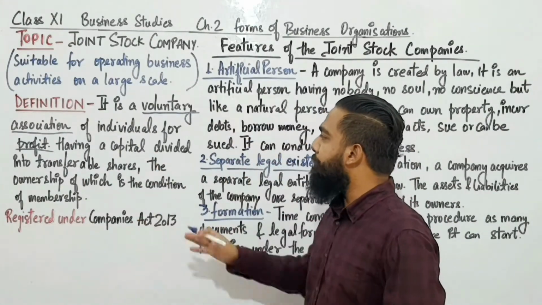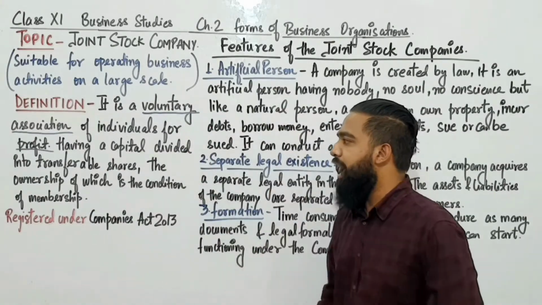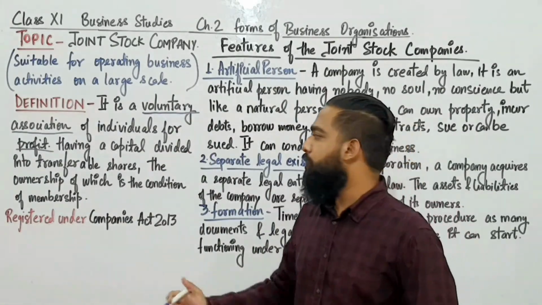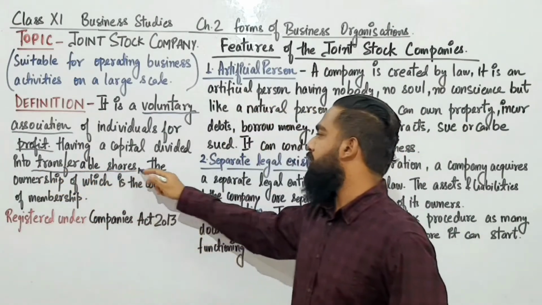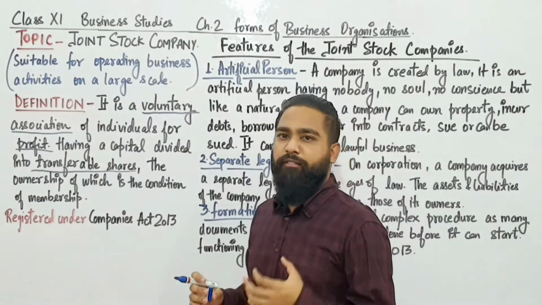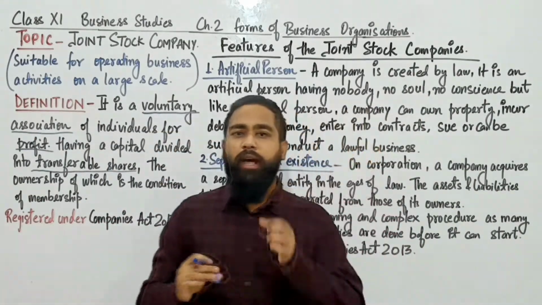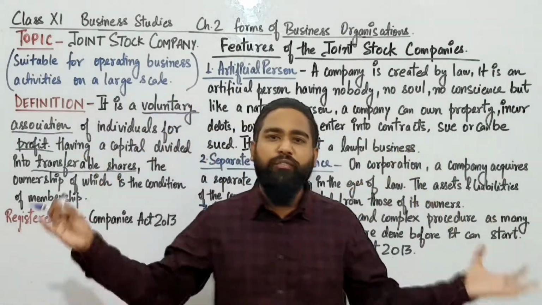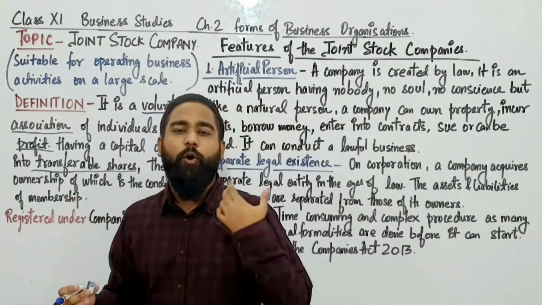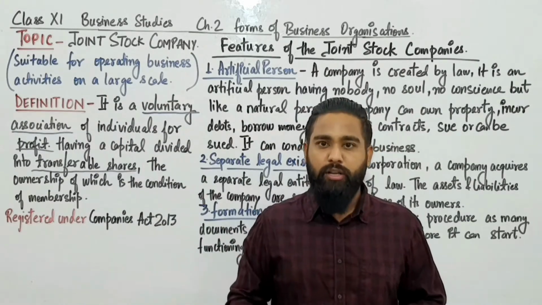Now, whatever amount of capital the joint stock company has, that is divided into transferable shares. Suppose these companies have 1 crore rupees of capital. Now that 1 crore rupees has been invested by so many members, which are known as shareholders. Fine.